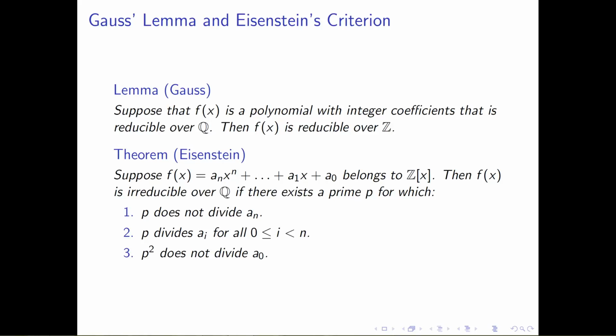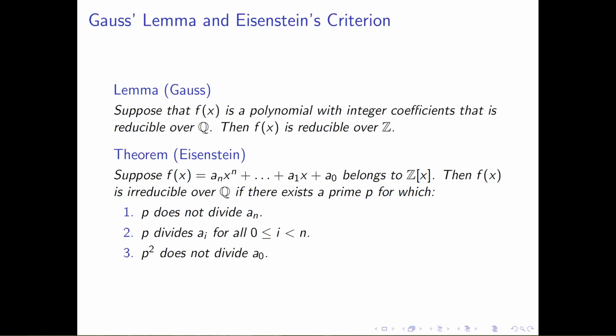His theorem says this: suppose you have a polynomial, f of x, and let's write out what that means. It's a sub n x to the n plus dot dot dot plus a1 x plus a naught. And let's suppose that that's a polynomial with integer coefficients. Then he came up with some conditions to check if f of x is an irreducible polynomial over the field of rational numbers.